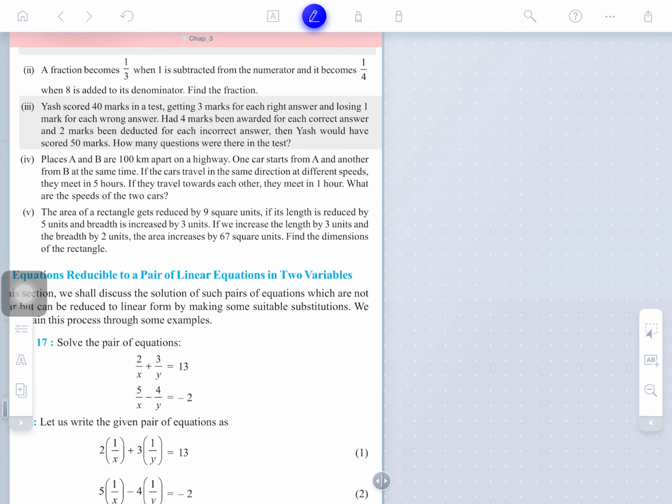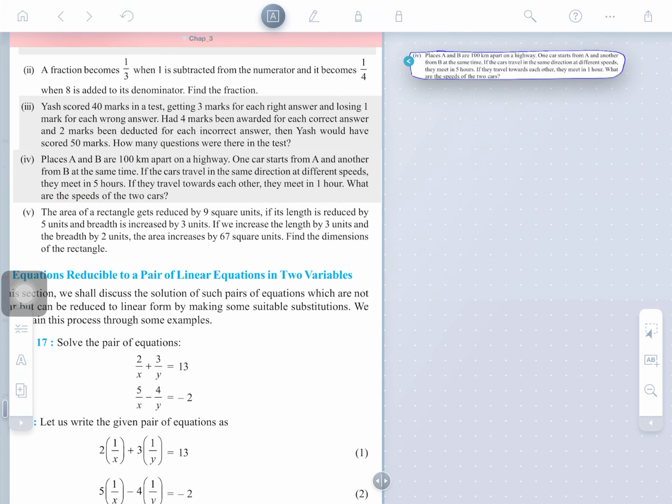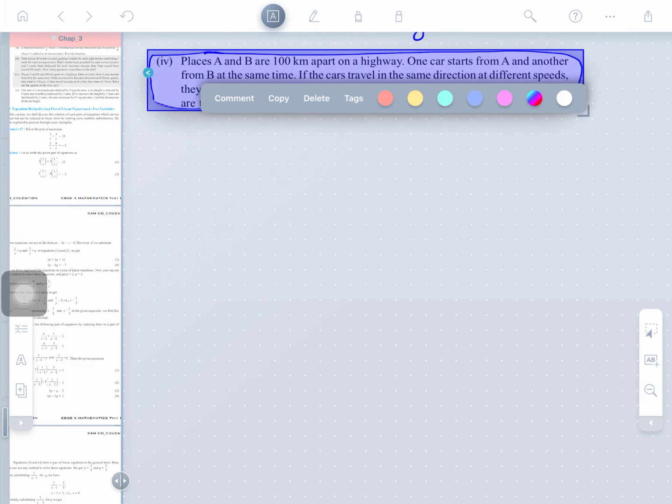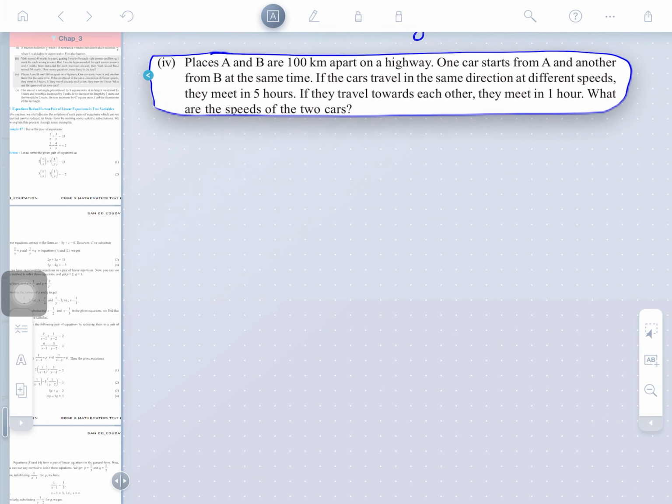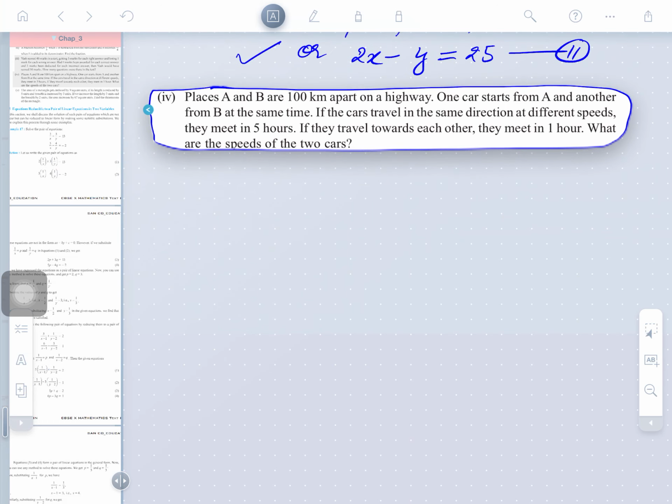Place A. This I am talking about. Okay, guys, place A. What is it saying? Please understand this question. Places A and B are 100 kilometers apart on a highway.